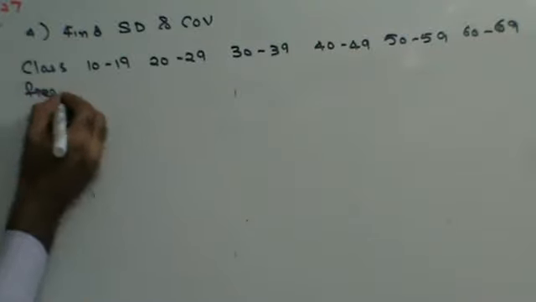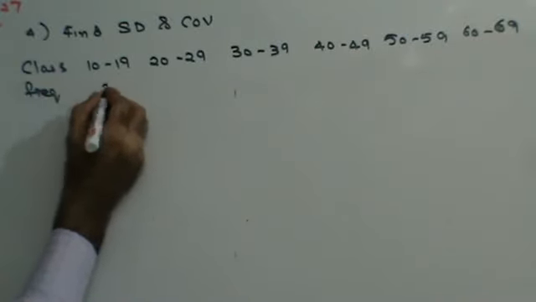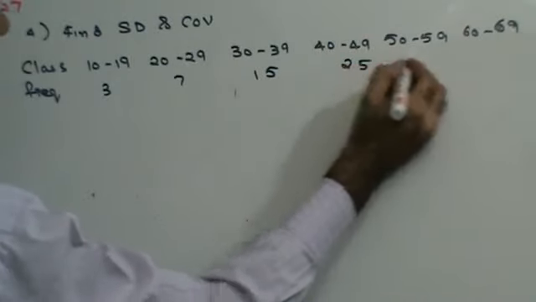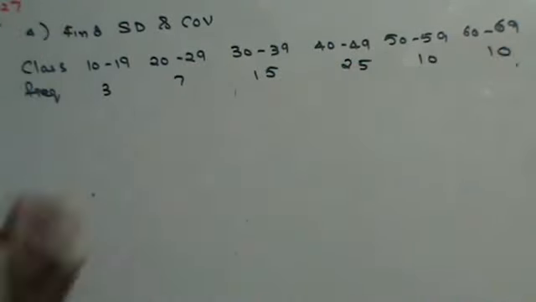Frequency is given to you as 3, 7, 15, 25, 10, 10. Now, one unique thing about this sum is that here the class interval is not continuous, right?